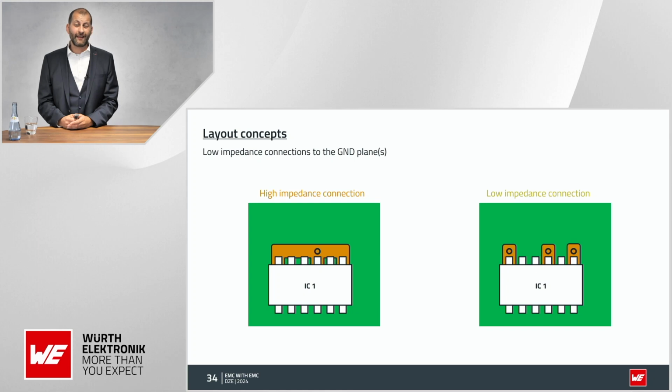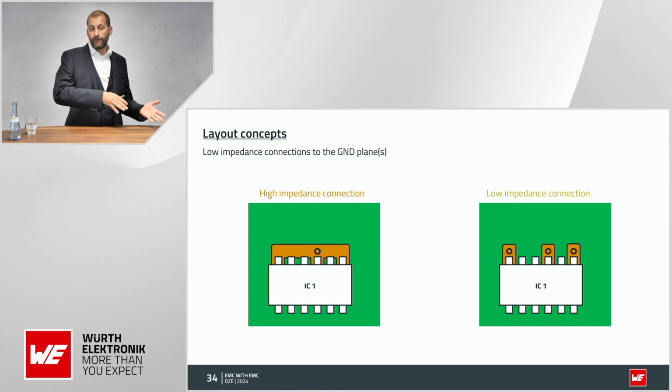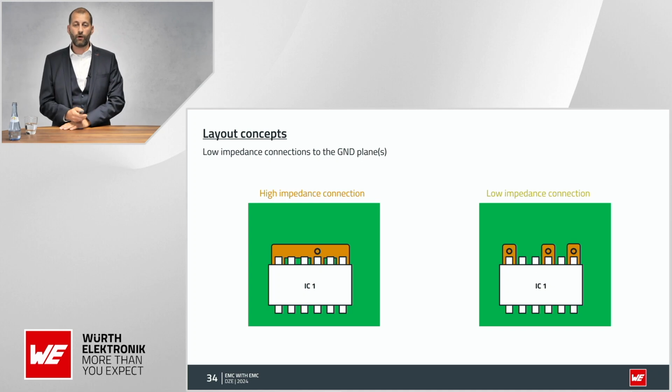And if the inductance is quite high, well, the outcome is going to be quite bad, because most often high frequency noise is going to choose the path of least impedance. So some parts will travel the direct way you anticipated, and other parts will go something really odd compared to what you were thinking about.